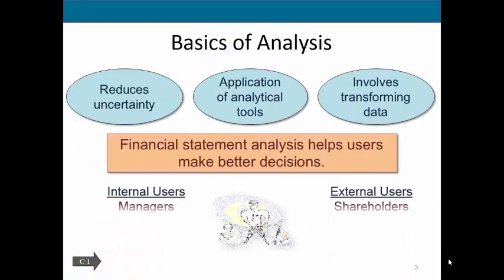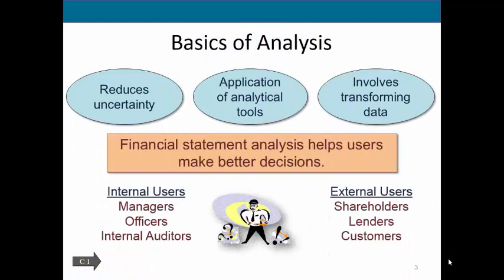So when we're doing a financial statement analysis, we're looking at the finances of our company and using our basic financial statements to understand where the company is and how we can get it to where it needs to be. When we're analyzing our statements, it helps reduce uncertainty, because uncertainty is generally caused by not having an understanding of where you are today and where you want to be.